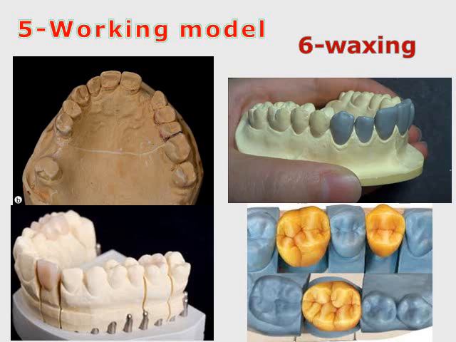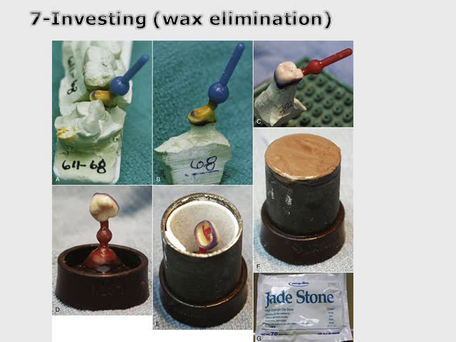That means we are going to make crowns from wax material, and then we shift to the other step, which is the investing, by embedding the wax pattern of the crown or bridge in the investment system by covering the whole wax pattern with investment material to be ready to be casted in the next step.